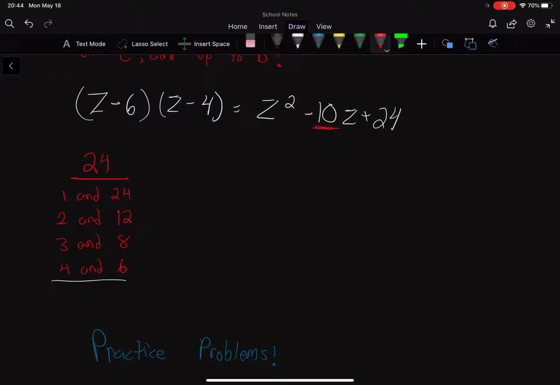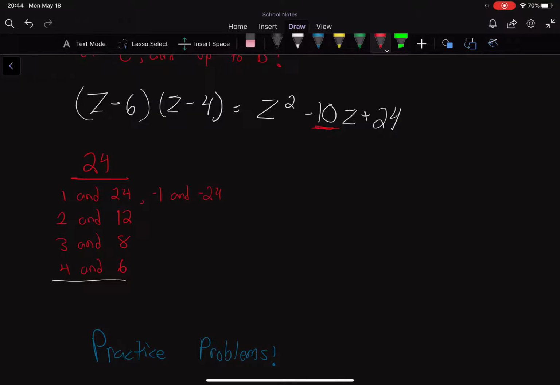So that means that we're missing some factors, and we've got to include those. So this tells us that we have to also work with negative numbers. Other factors of positive 24 include negative 1 and negative 24.